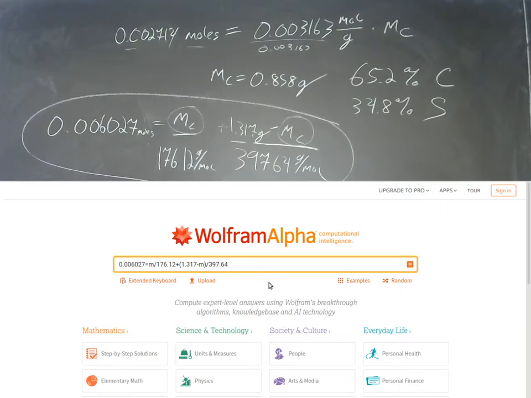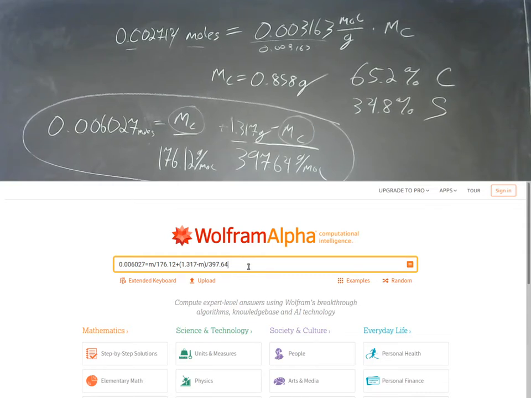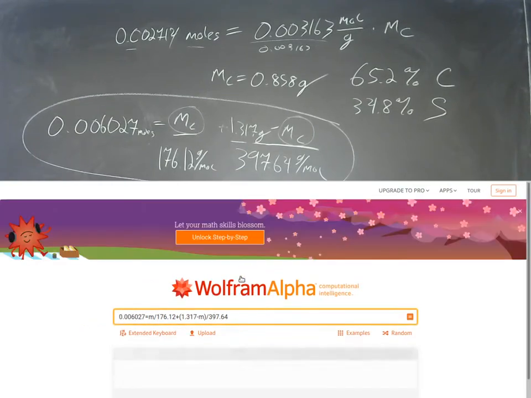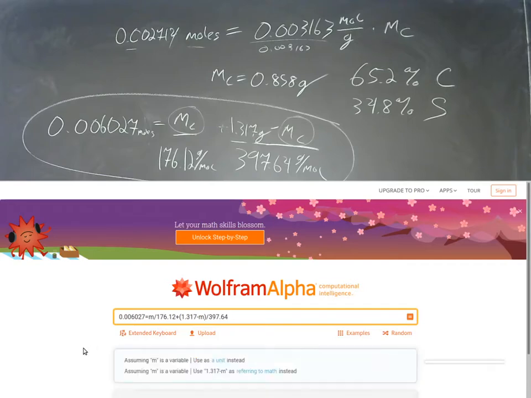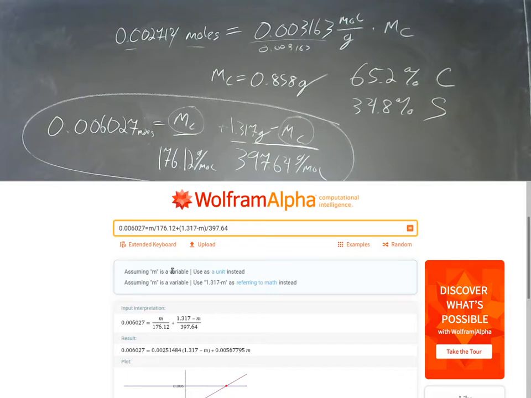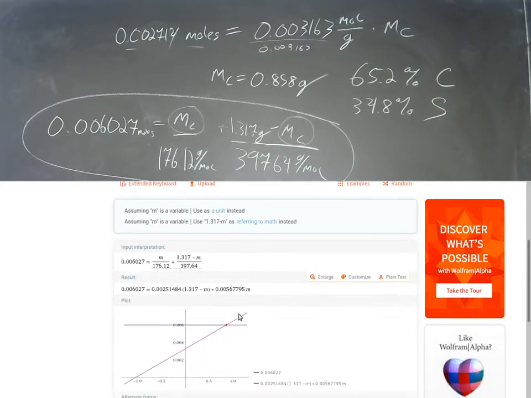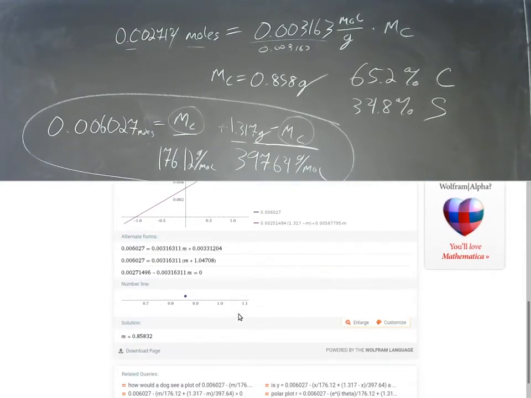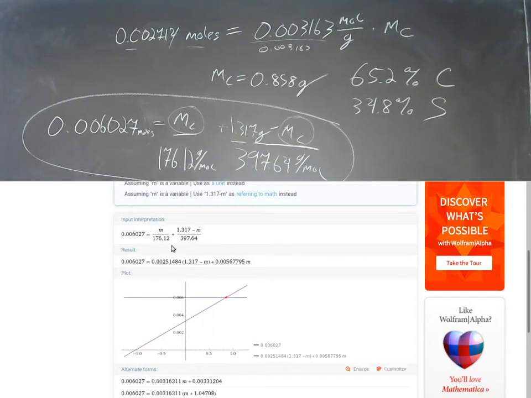I had to be a little bit careful with parentheses right here, but I hit enter, and you'll notice it says here it assumes that M is a variable. So well done, good job Wolfram Alpha. I did intend for M to be a variable.